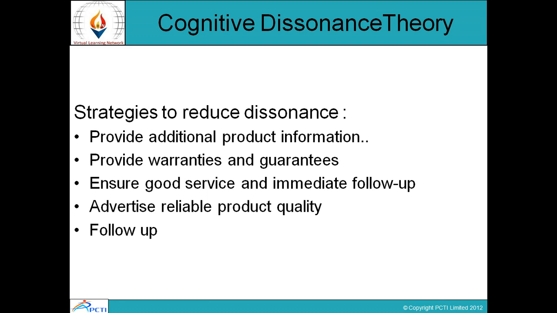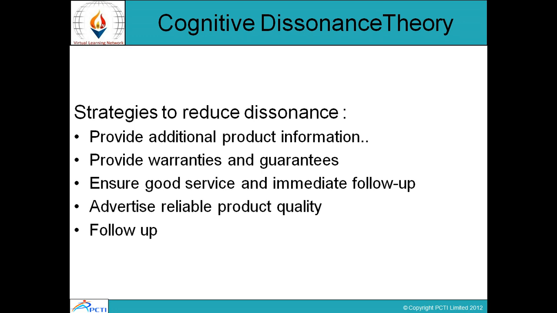Then we talk about strategies for how we could reduce dissonance. It's by providing additional product information, right, and suggesting product care and information relating to maintenance through brochures. Another is we can provide warranties and guarantees to reduce post-purchase doubts. Another is to ensure good service and immediate follow-up on complaints to provide post-purchase support.